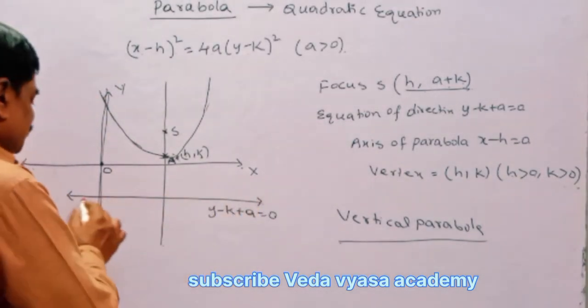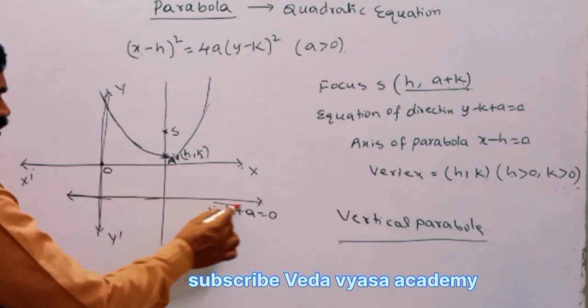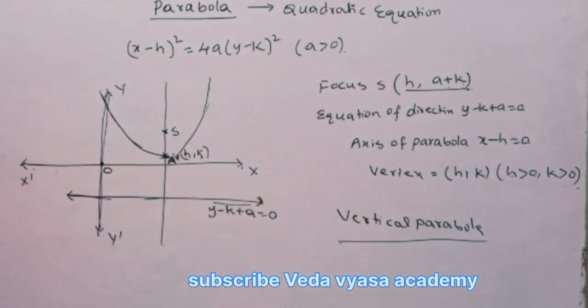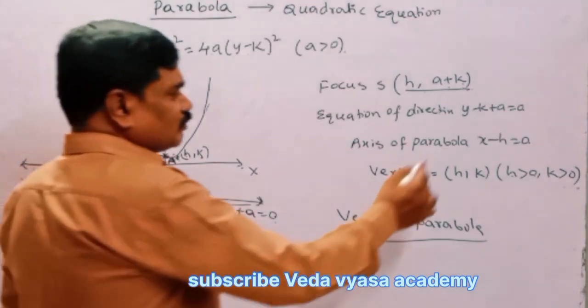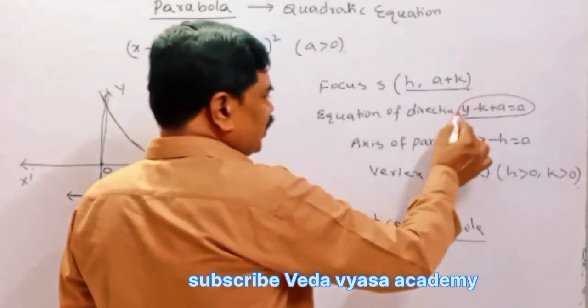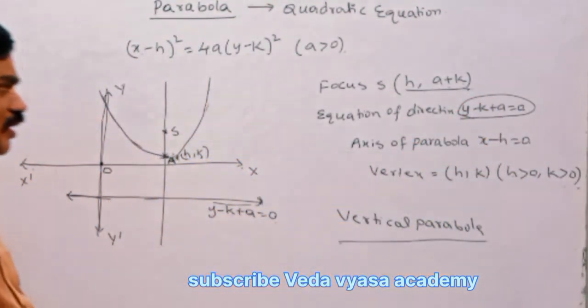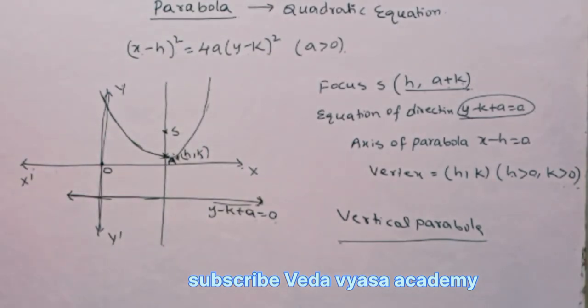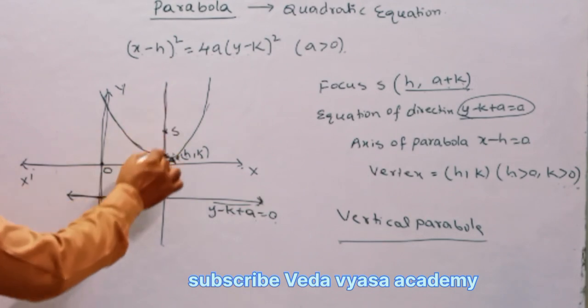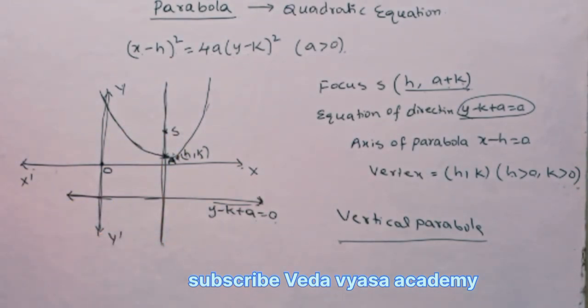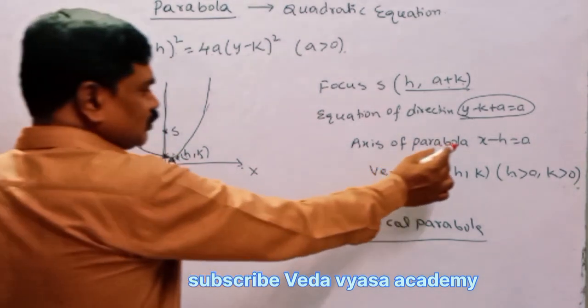This is the equation of directrix: y minus k plus a equal to 0. This is the axis of the parabola: x minus h is equal to 0.